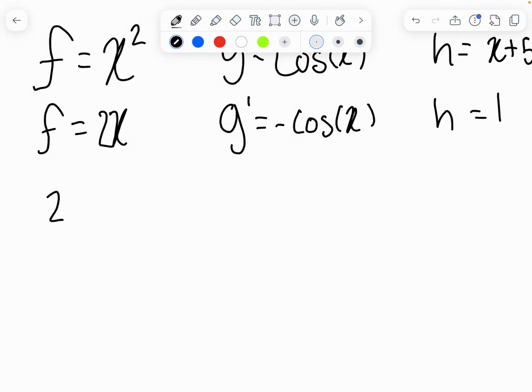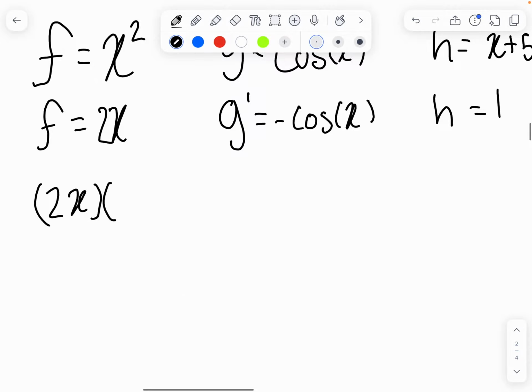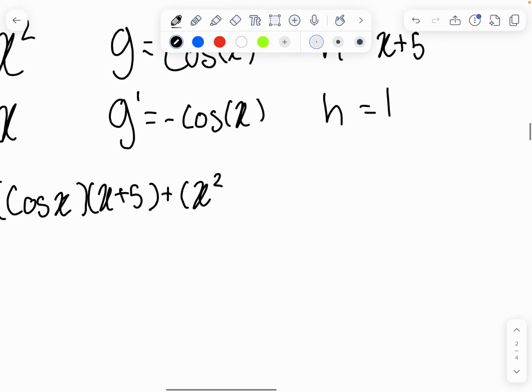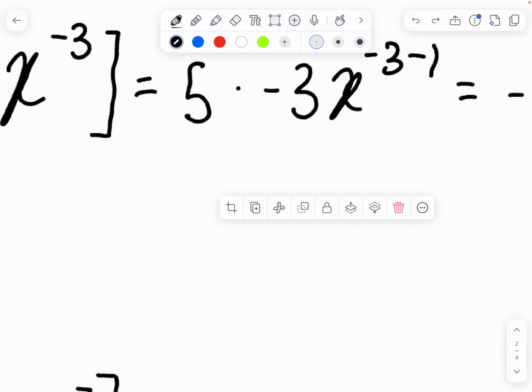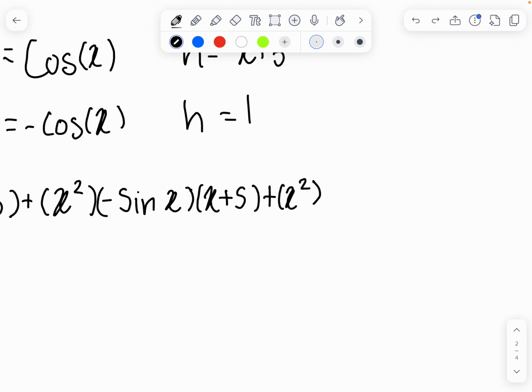So 2x cos x, x plus 5, x squared minus negative sine x, x plus 5, x squared cos x 1.